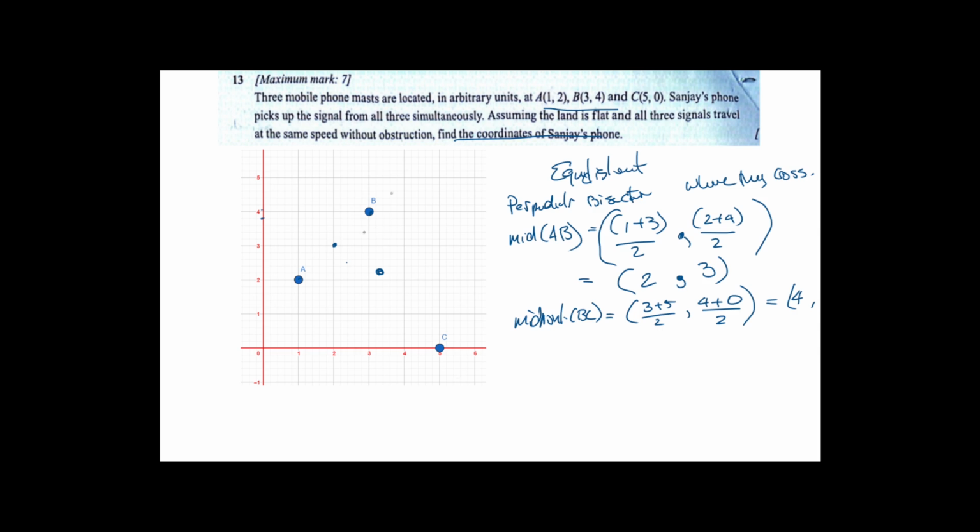So now that we know the midpoint, we could just draw the line between them, but we want to draw a line perpendicular to that gradient going through the midpoint.